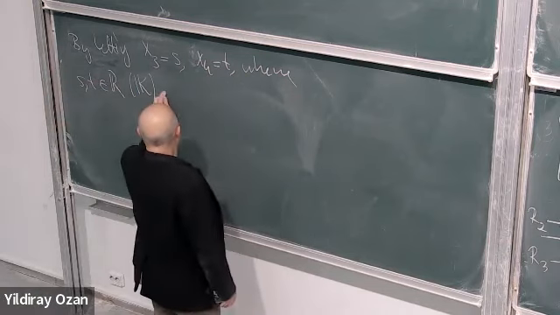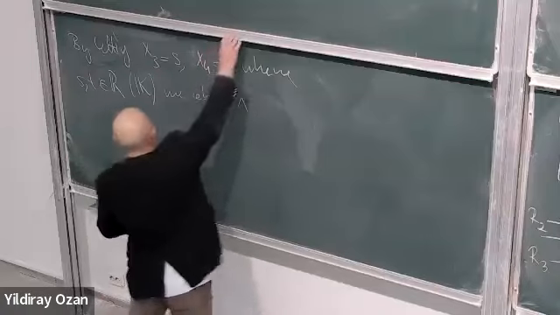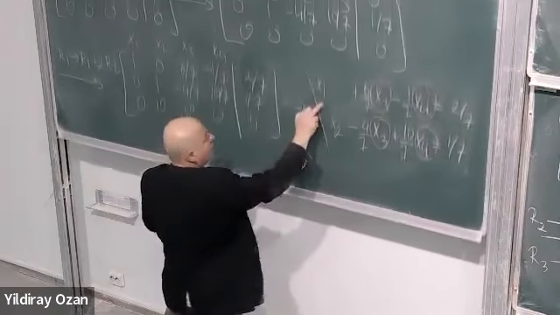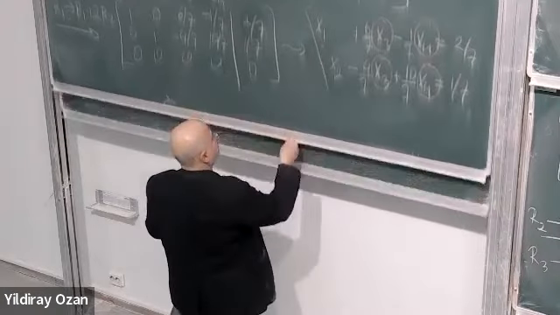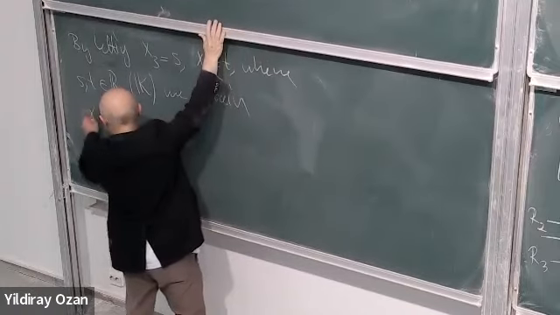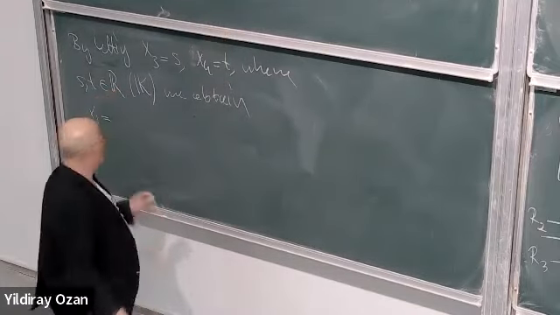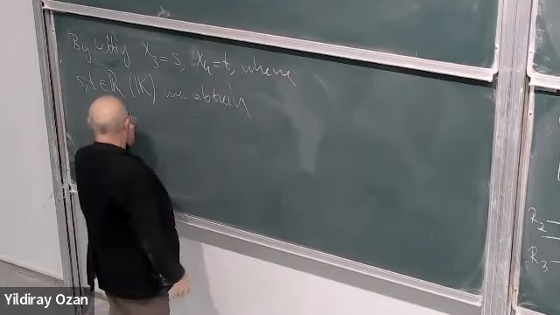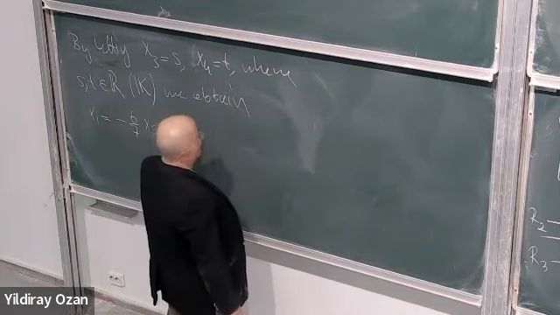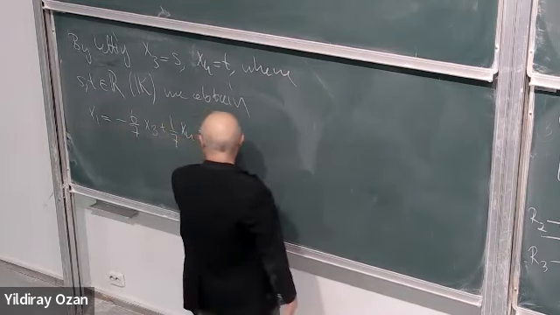We obtain, what? x1 will be minus 6/7 x3 plus 1/7 x4 plus 2/7.